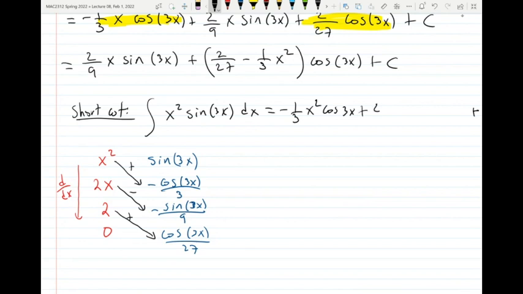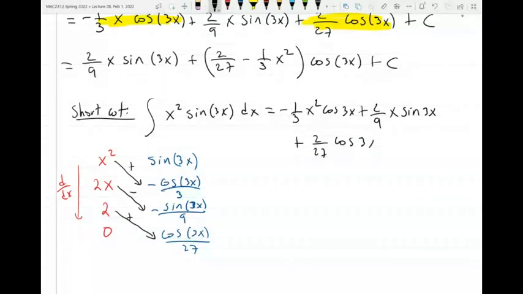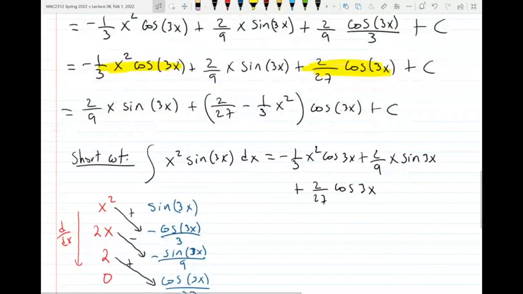Plus 2 over 9 x sine of 3x, and then the last one is plus 2 over 27 cosine of 3x. And that's exactly what we have in here, right? That's exactly the line from above.